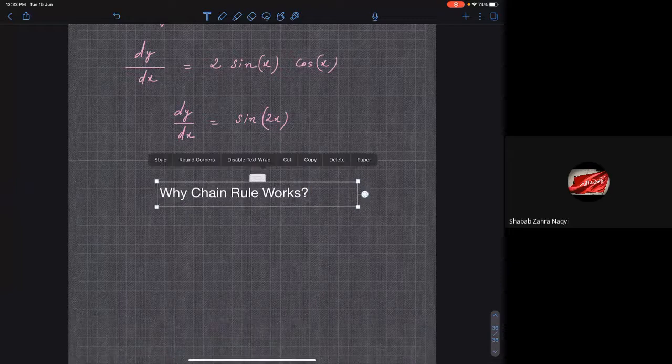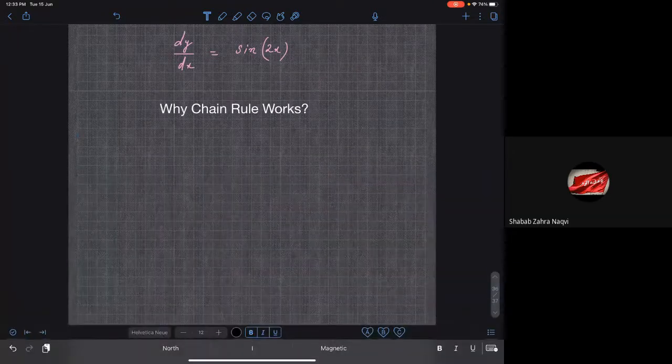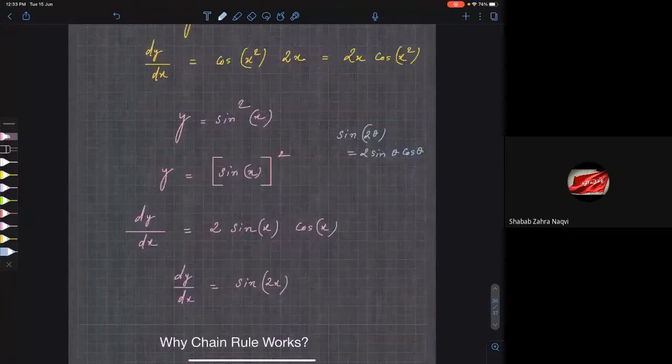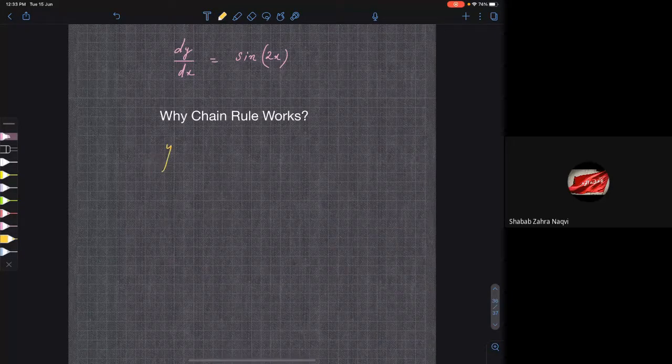Okay, why the chain rule works. Let me prove it using these two examples. Watch carefully. Our first example was y equals sine of x squared. Now we will prove why our chain rule is correct.